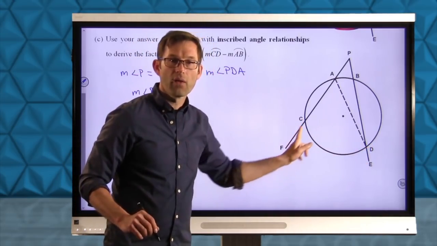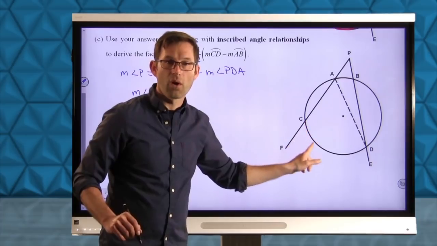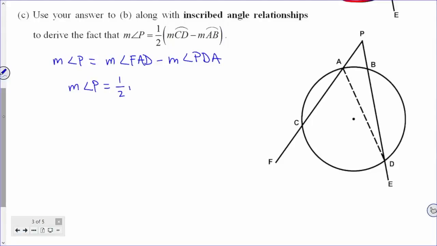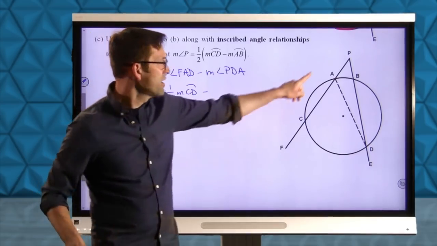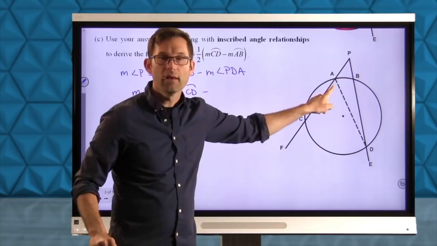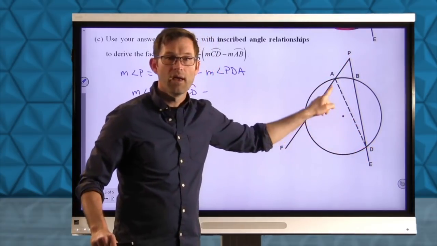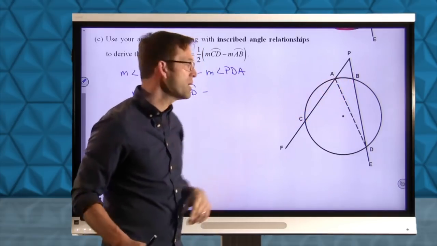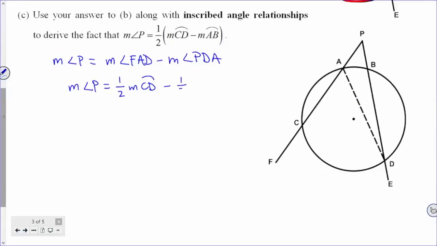The inscribed angle FAD intercepts arc CD. So this is going to be 1/2 the measure of arc CD minus, and PDA, PDA is an inscribed angle that intercepts arc AB. So that's going to be 1/2 the measure of arc AB.